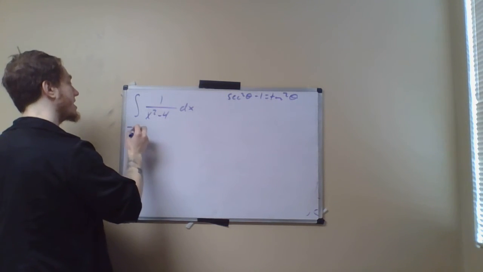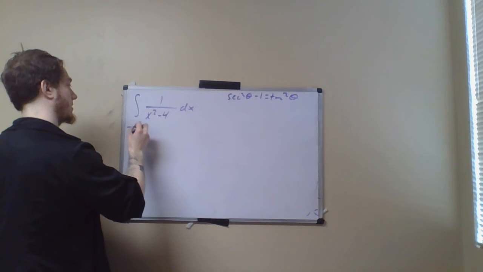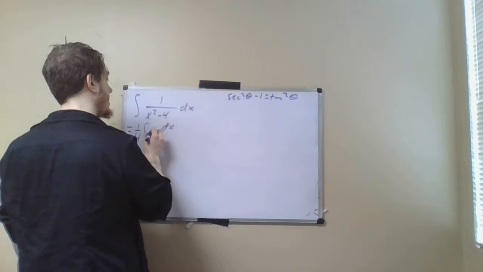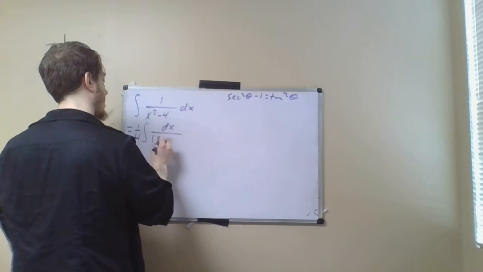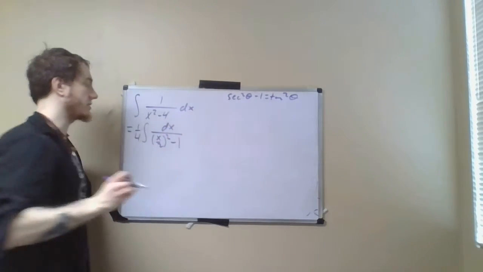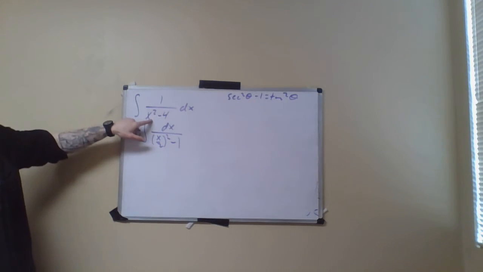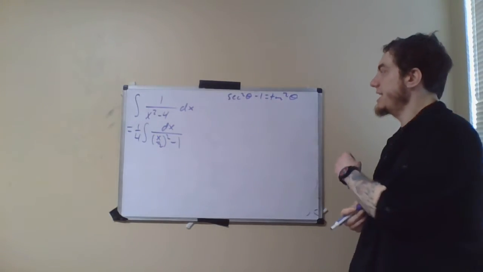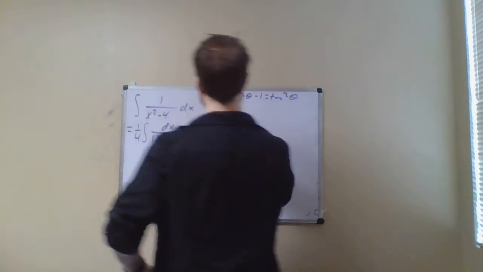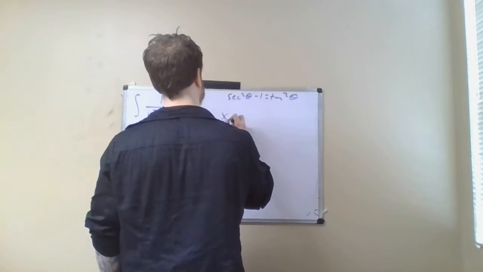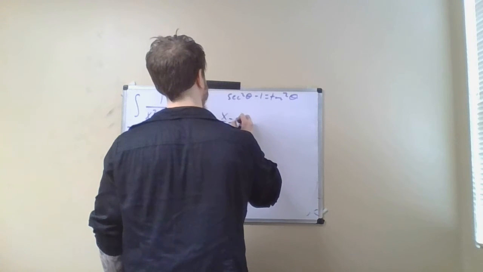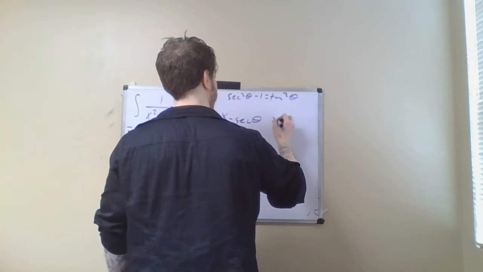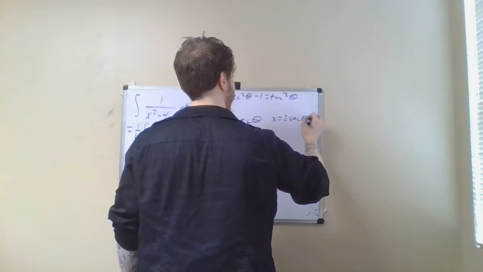Well, I can rewrite this as 1/4 times the integral of dx over x over 2 squared minus 1. So I factored a 4 out of the denominator here. Then I can say, okay, let x over 2 be equal to secant theta. That means that x is equal to 2 secant theta.